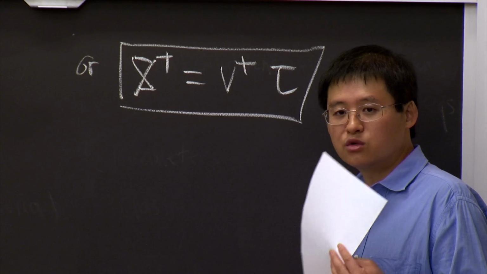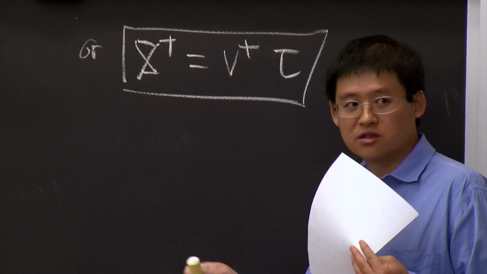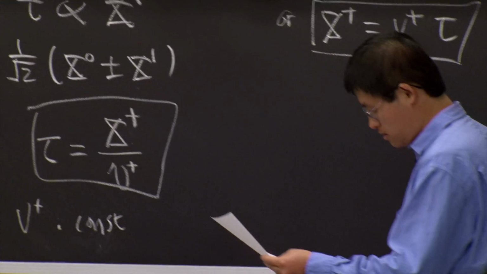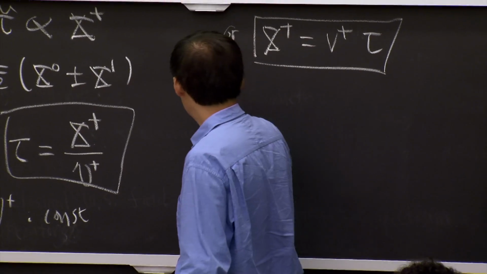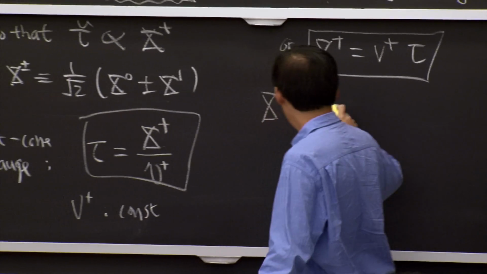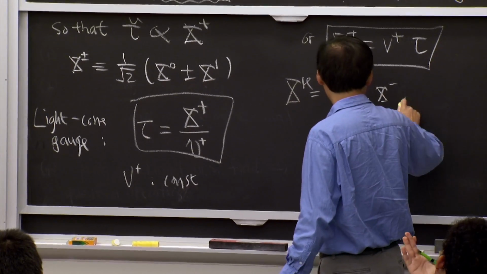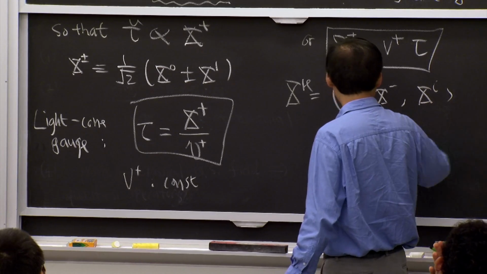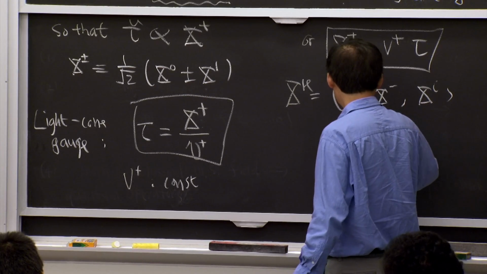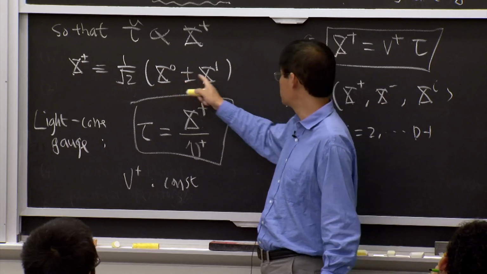So why do we want to do that? The ingenious thing is the following. We can write x mu as x plus, x minus, and x i, where i goes from 2 to d minus 1. So x plus and x minus are from x0 and x1.